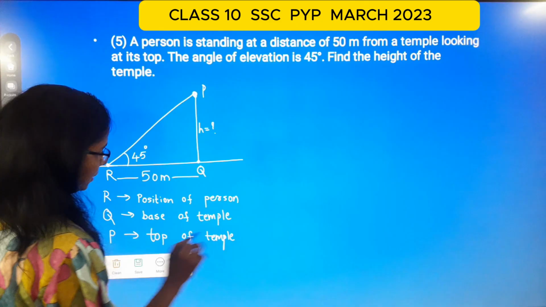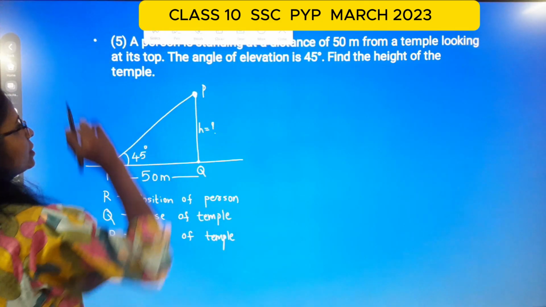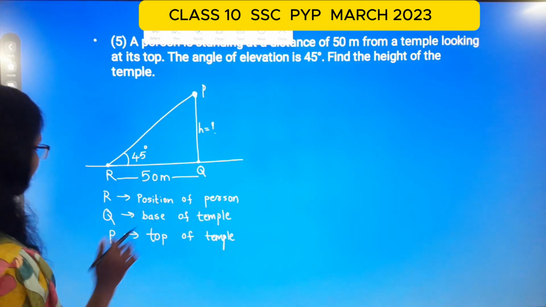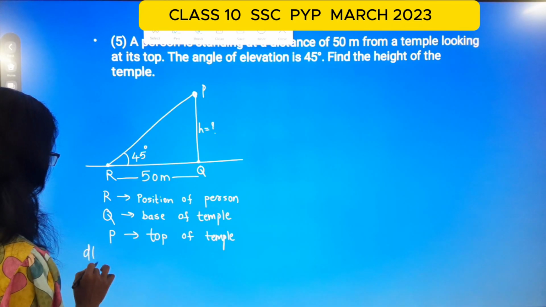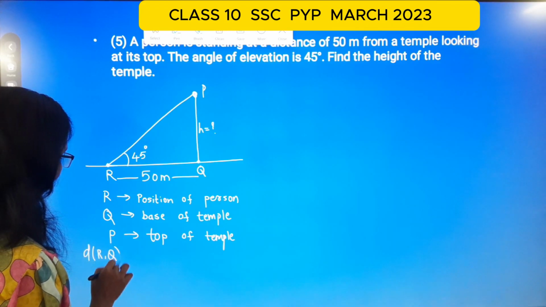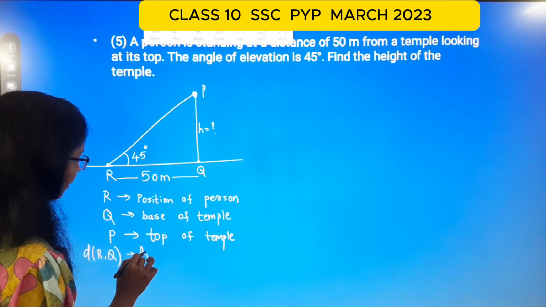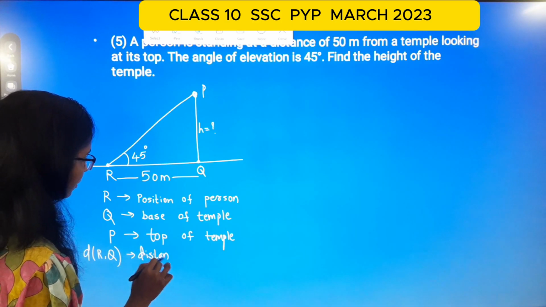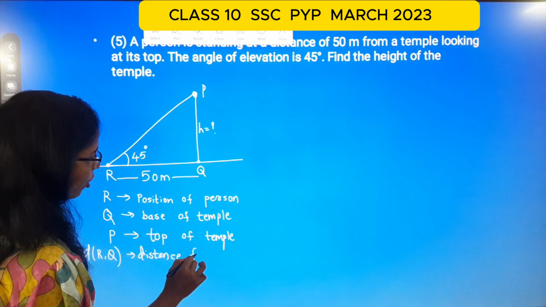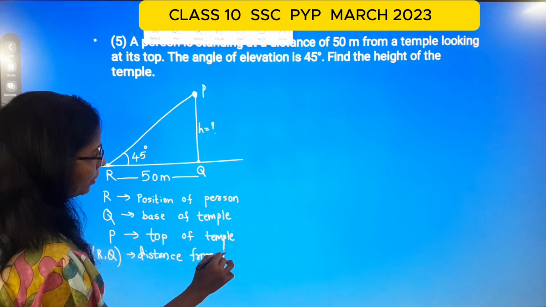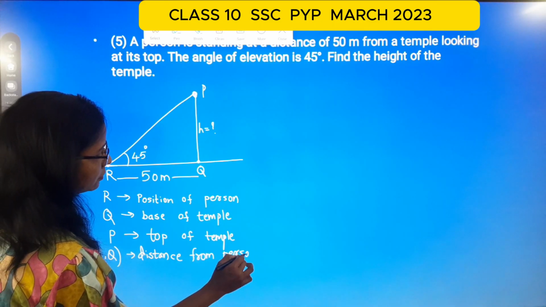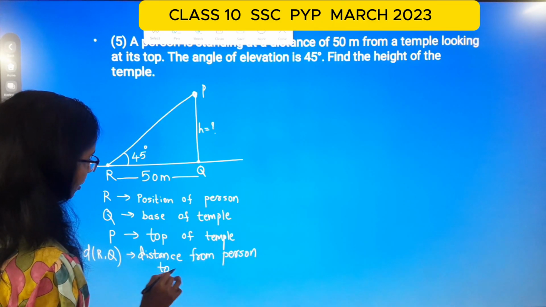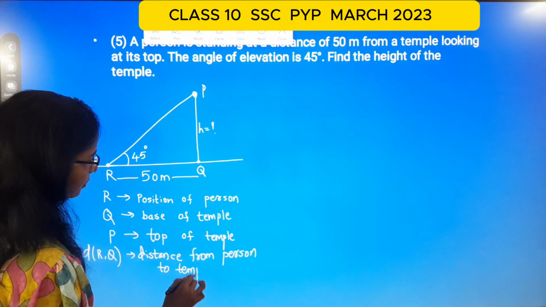Okay, and then, students, that is the distance RQ, distance R to Q, that is the distance from person to temple.